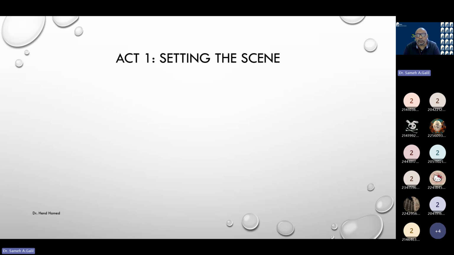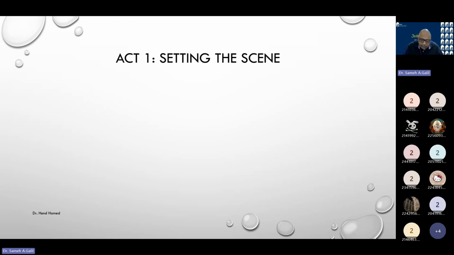Okay, so typically we're starting with the exposition or the introduction. We're trying to set the scene in Act 1, Scene 1, where we'll have a number of characters going and coming, making revelations, and through these revelations we get to know more about them, and we start to make and build profiles for them.